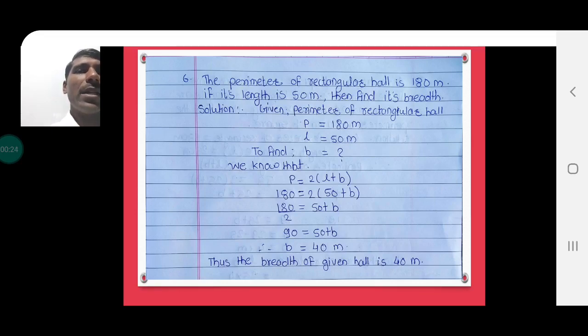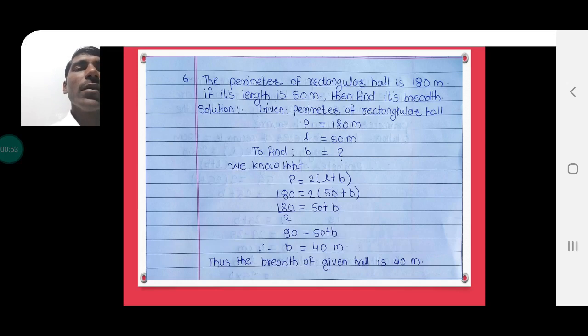They have given the perimeter of the rectangular hall is 180 meter, its length is 50 meter. Then find its breadth. In a rectangular hall, they have given its length and its perimeter. Perimeter means all around length, the sum of all its sides, and we have to find the remaining, that is the breadth of the rectangle.